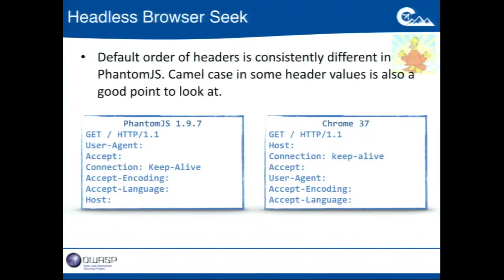Also, keep-alive and some other header values are camel-cased in Phantom.js and not in real browsers, almost all real browsers except Opera 12, which was the pre-Blink version of Opera. Now Opera is using the same engine as Chrome. So yeah, it's a pretty reliable way to catch Phantom, right?